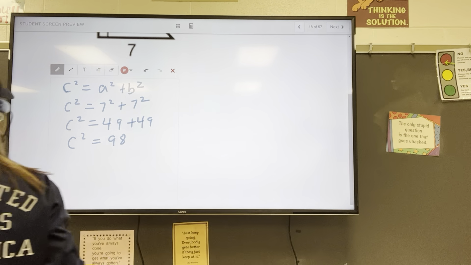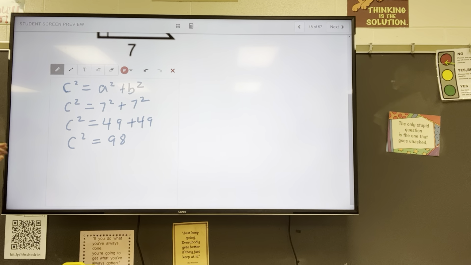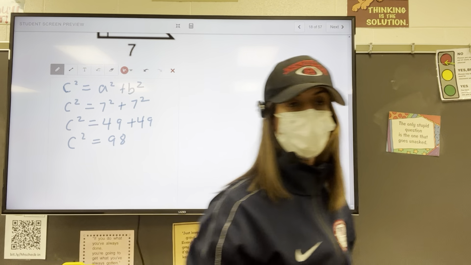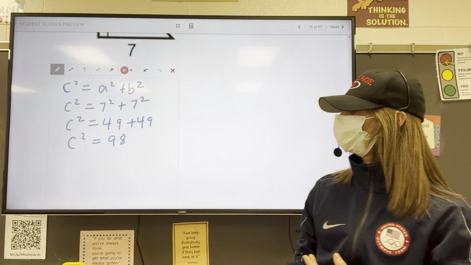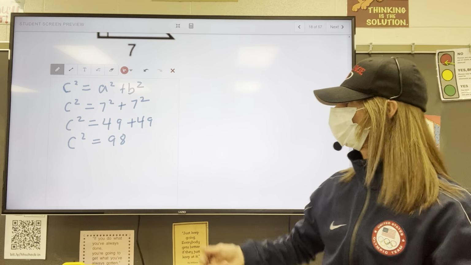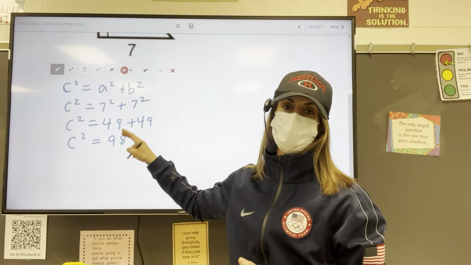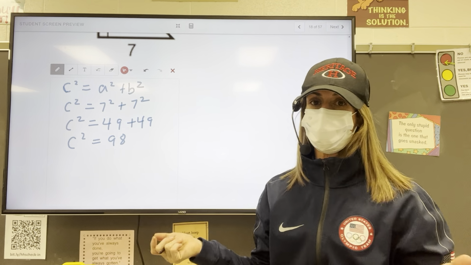Once we get here, we then take the square root of both sides. And now that we have learned or reviewed how to simplify radicals, we're not going to use a calculator to do the square root of 98. We are going to just simplify that radical. And we already know that 98 is 49 times 2. 49 is a perfect square.